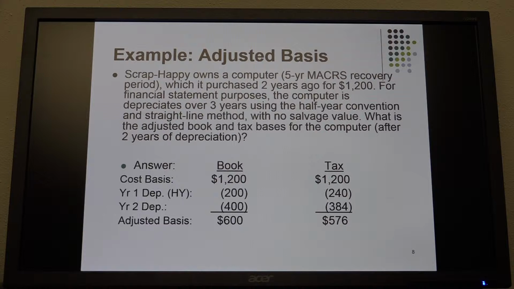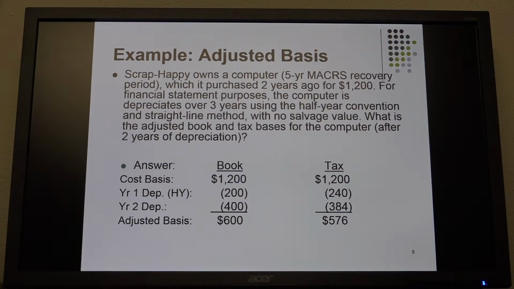For book purposes, financial accounting purposes, the adjusted basis after 2 years is $600. So again, for financial accounting purposes, the adjusted basis and book value are one and the same.